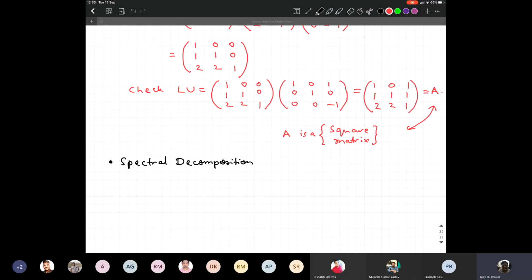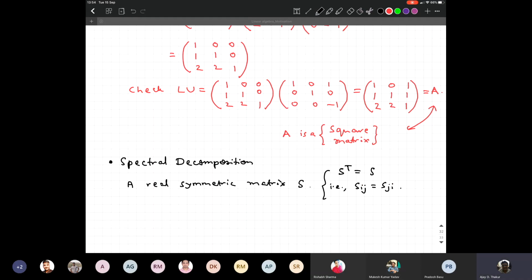And let's consider for this a real symmetric matrix S. If S is a real symmetric matrix, it simply implies that S transpose is going to be S. That's one thing, and one can say that Sij equals Sji.